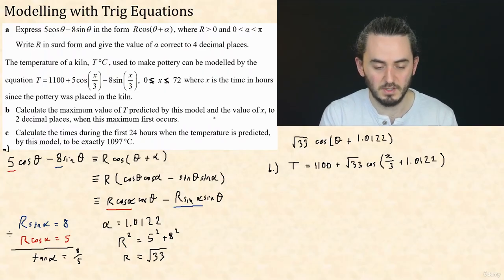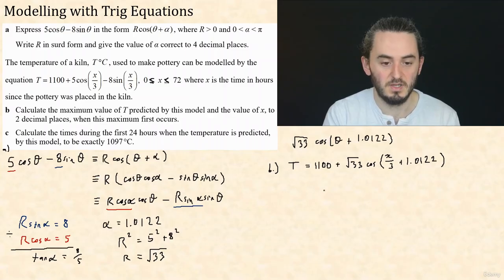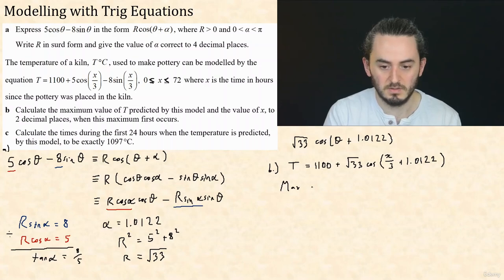All right, so calculate the maximum value of T predicted and the value of x to 2 decimal places when this first occurs. The maximum value of T is pretty simple, because we know the biggest that cos ever is 1, which means the biggest that root 33 cos of some stuff is root 33. So that means that the max value of T is just 1100 plus root 33.